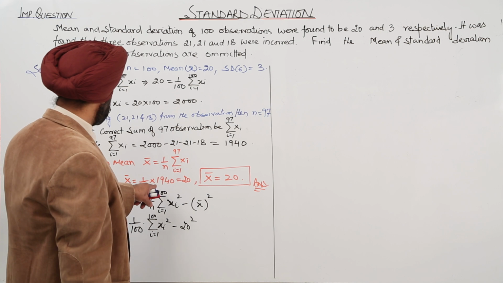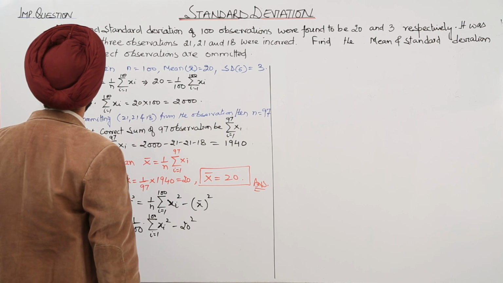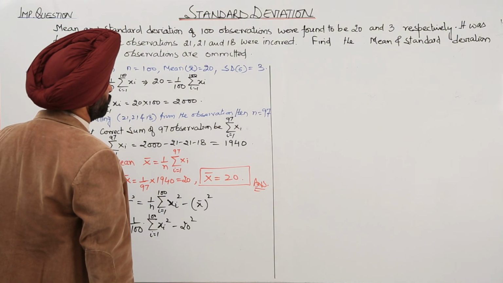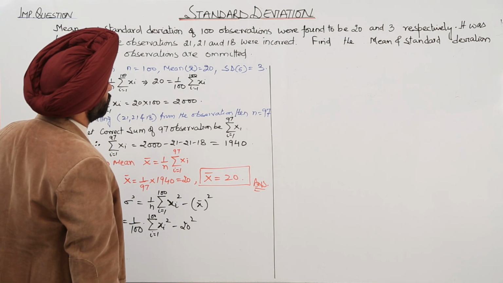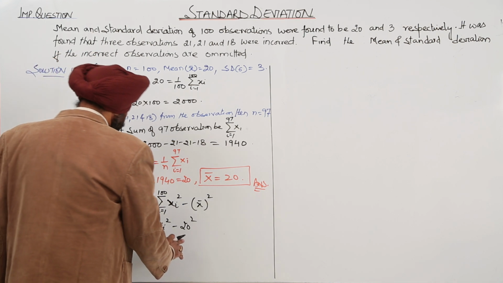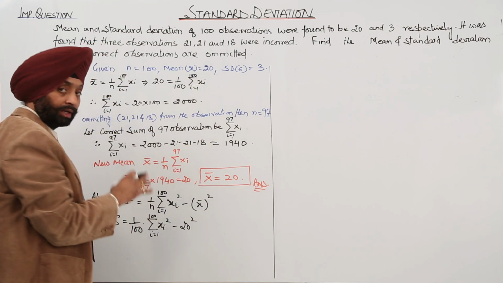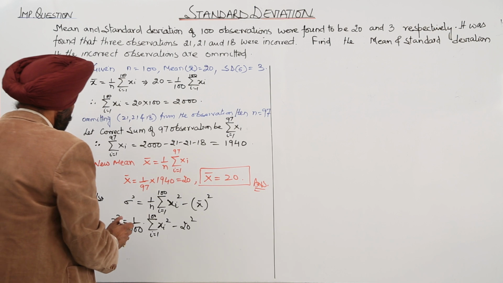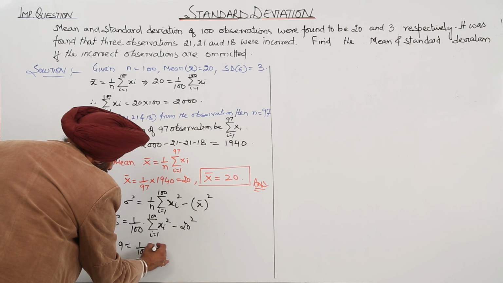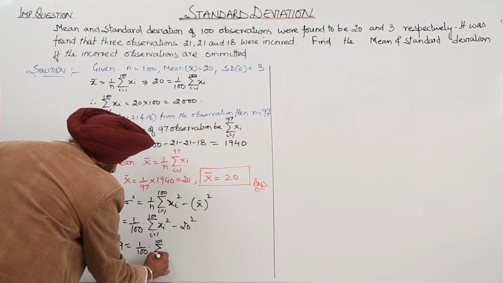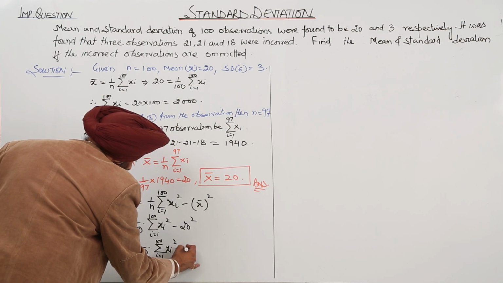Okay, so 20. Now this 20, I have not taken the new one, I have taken the old one. By chance they are equal, so don't be confused. Now this is equal to 9, equal to 1 by 100 times the sum of squares, minus 400.